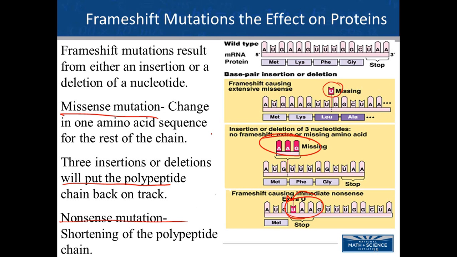An example of a frame shift mutation that is detrimental is Tay-Sachs disease. This is an autosomal recessive disorder marked by a degeneration of both mental and physical capabilities. At its worst, death usually occurs around the age of 4, although both juvenile and late onset forms of the disease have been observed. It's caused by a buildup of a particular lipid in the brain that's normally broken down by an enzyme called hexosaminidase.